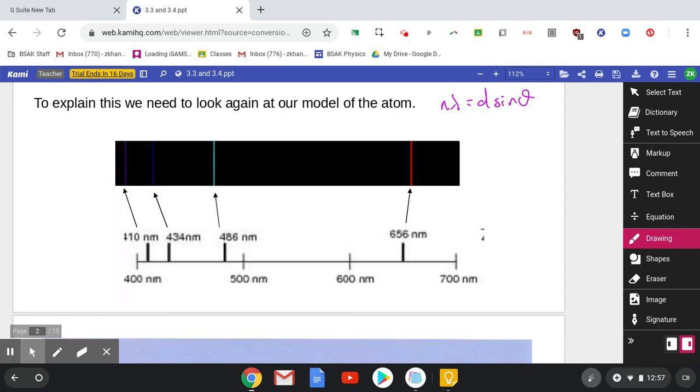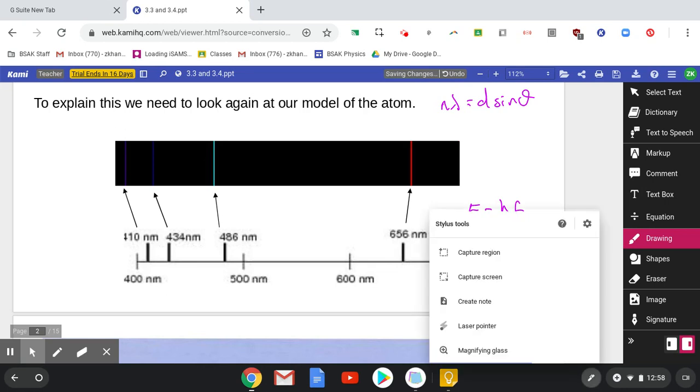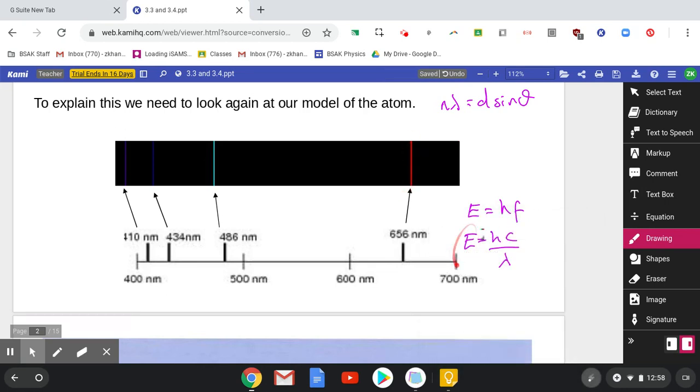So let's look at this now in reverse. This line has a specific wavelength based on the physics we have done previously on diffraction gratings. So this line, this red light that appears on the screen, has a specific wavelength. Using E equals hf or E equals hc over lambda, we know that this red line has a specific energy.